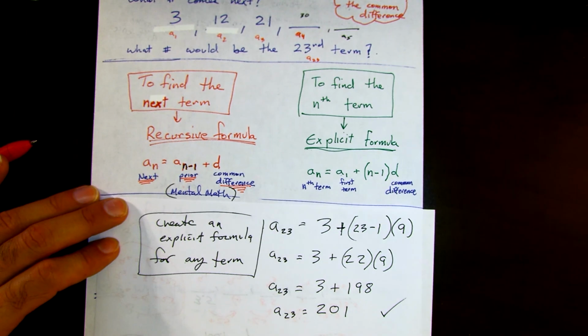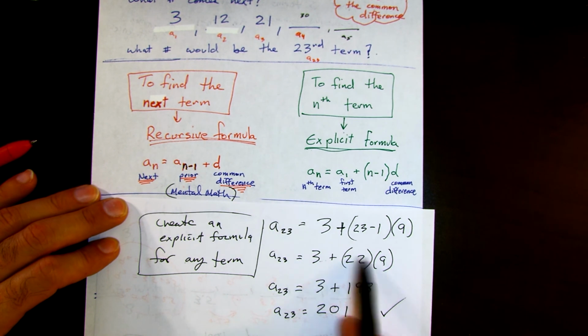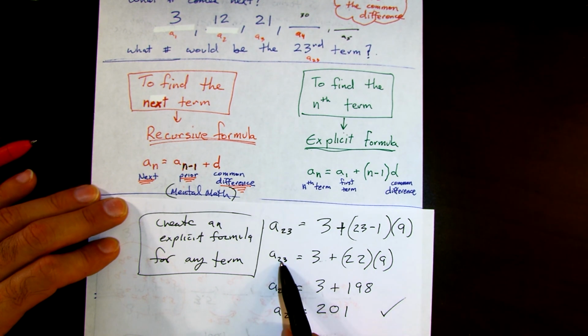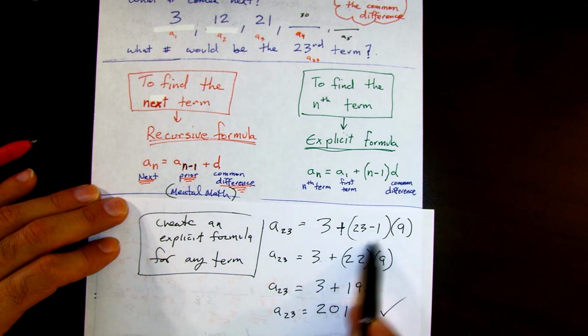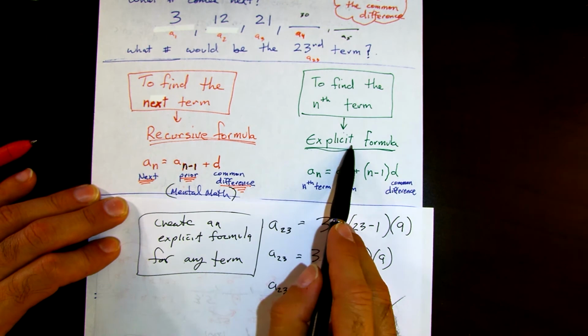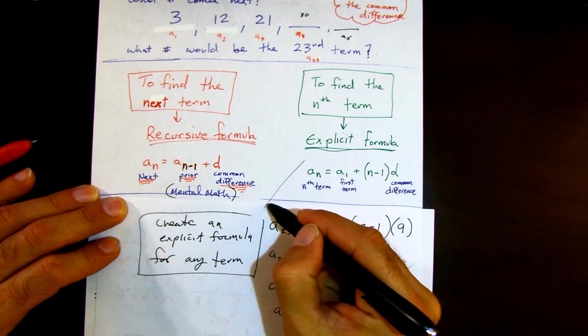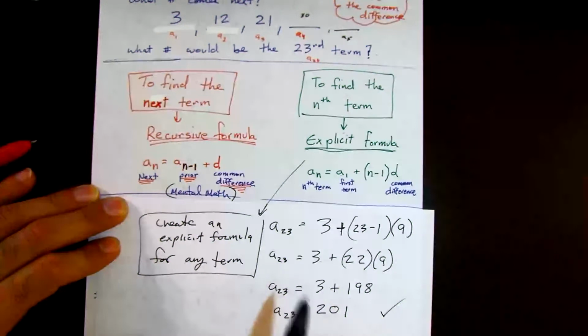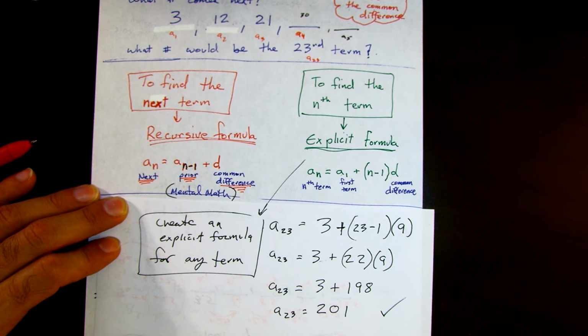We're going to have a formula where we just plug in an n value and we're going to get the number automatically. That's kind of what we did, but in the actual problem we just did, we used 23 and inputted that into the function. Now, if you weren't given the goal to find the 23rd term, you could create this explicit formula to find any term. That's all I'm saying.